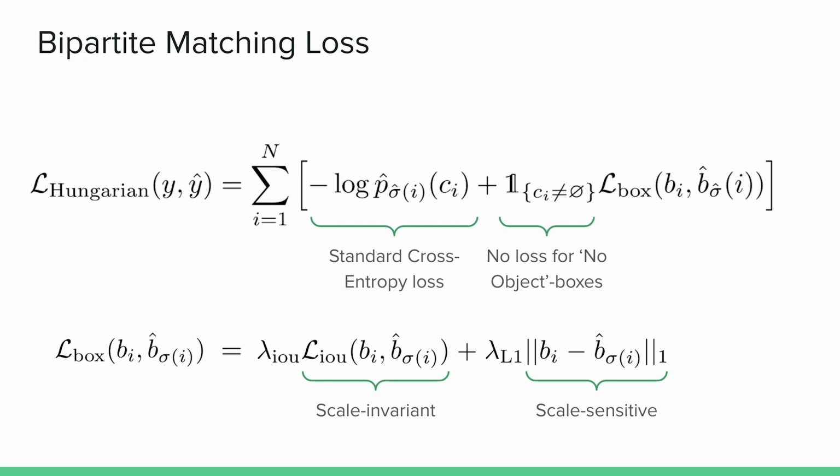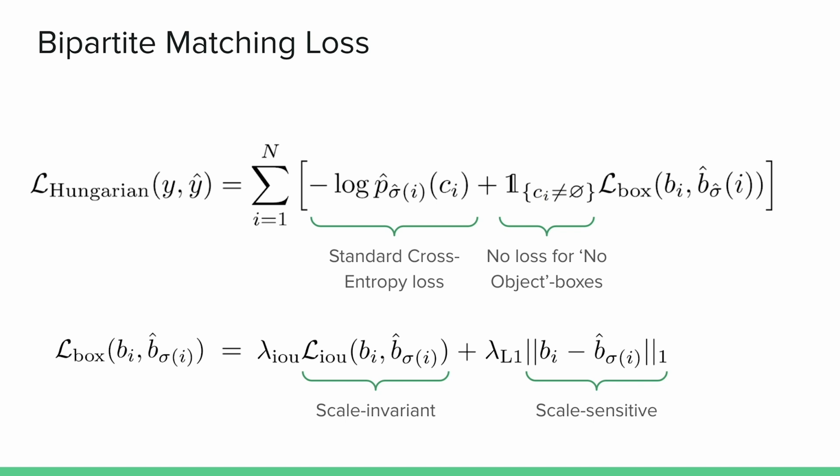If you have a large object that is slightly shifted to a different location, it would get quite a high penalty from the intersection over union loss. So what they add is the second part, a loss term that is scale sensitive, to make up for this.